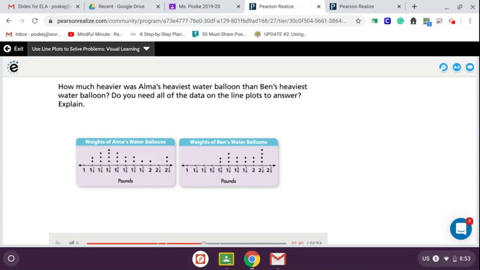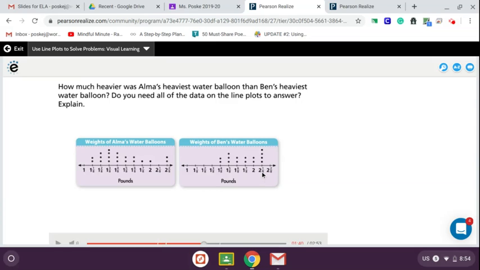When we're talking about the heaviest water balloon, we're talking about the water balloon that weighs the most. So you would go all the way over here to your highest number. For Alma, her heaviest water balloon weighed 2 and 2/8. For Ben, his heaviest water balloon weighed 2 and 1/8.